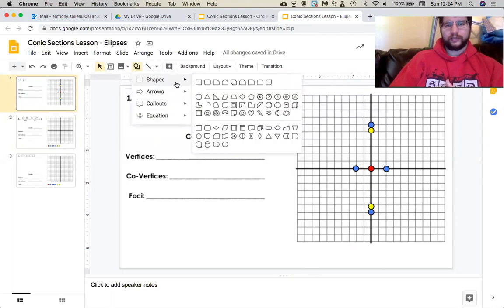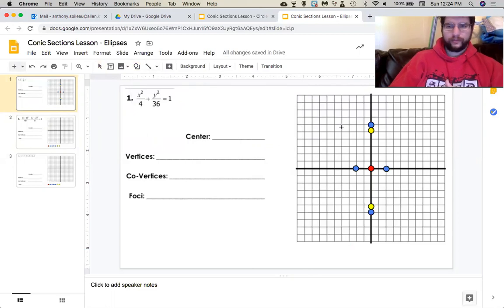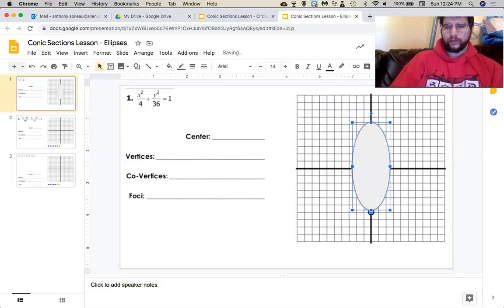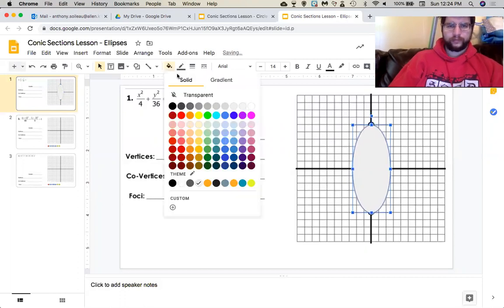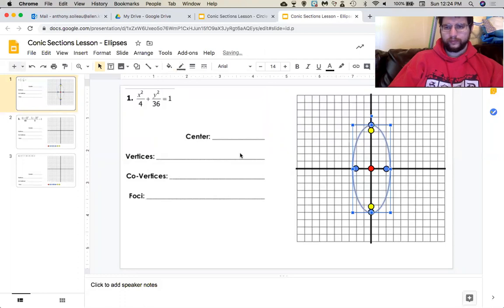Now, how are we going to make this ellipse? Easy. So let's start right here and go down to right here and then move it over a little bit. Should be about right. It's a little wide, so I'm going to shrink it a little bit. Move it over. There we go.